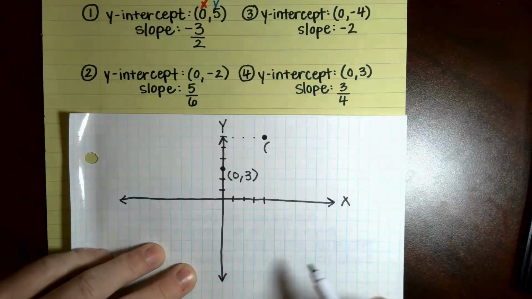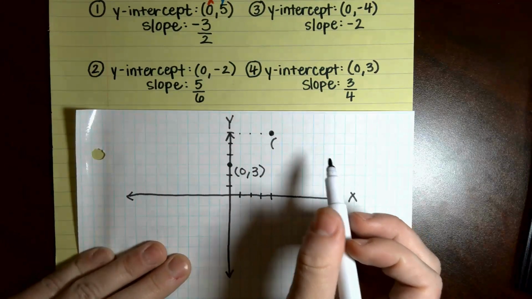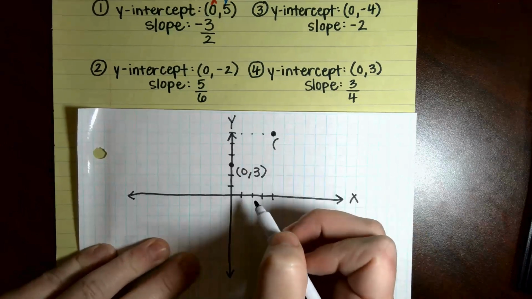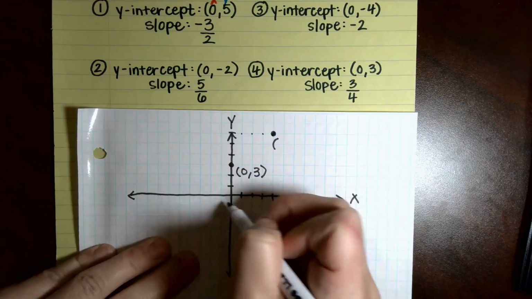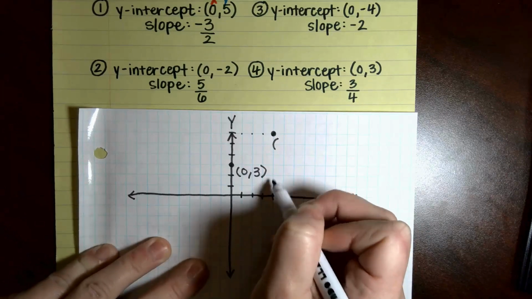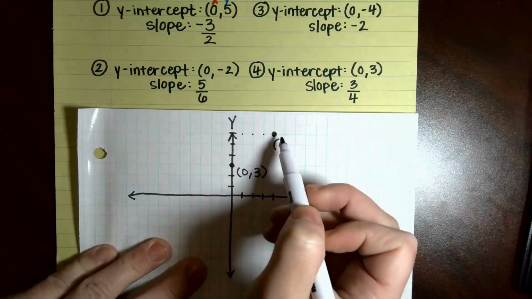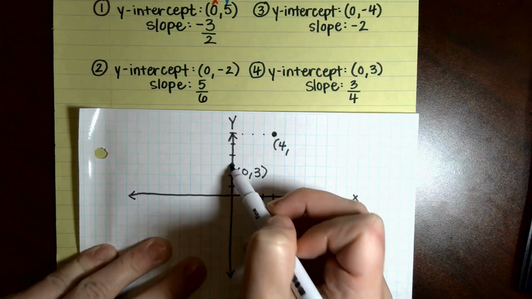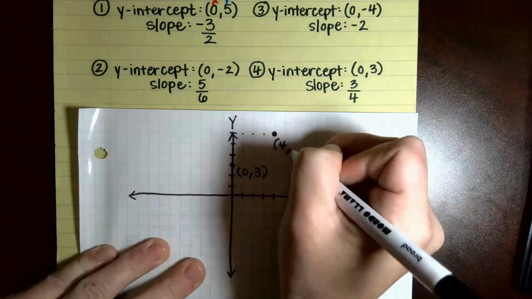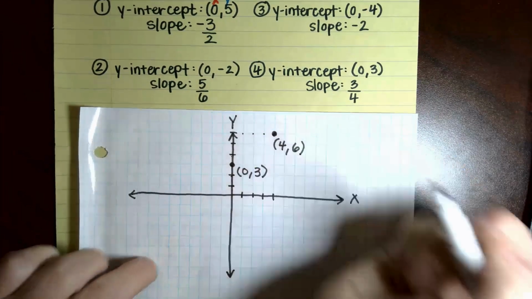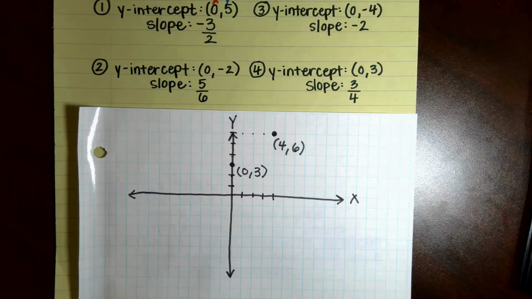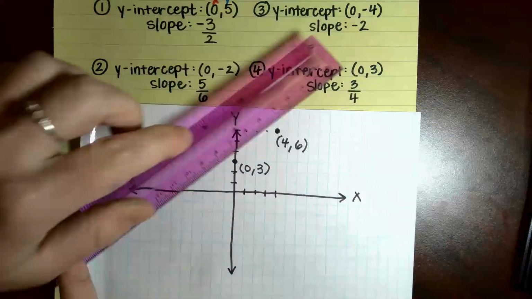What am I going to write for this coordinate here? I got 4, 6. Let's double check. Our x is 1, 2, 3, 4. Perfect. And our y, how high it is, 1, 2, 3, 4, 5, 6. Perfect. 4, 6. Now we just need to do what? Draw a line, connect the dots.